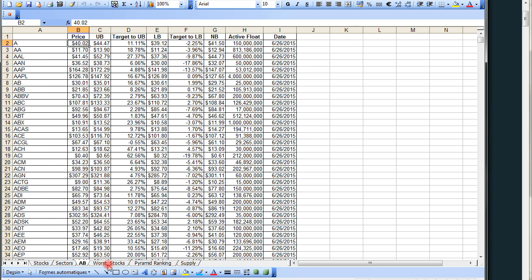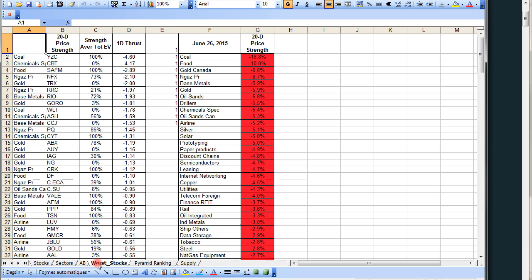Here is an interesting sheet because it shows you a ranking of all the sectors by the 20-day price strength. And among the worst sectors, here we select the worst stocks. So if you want to short stocks, maybe these are stocks you can short.